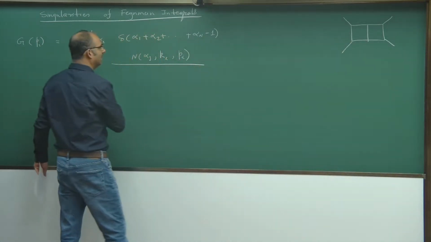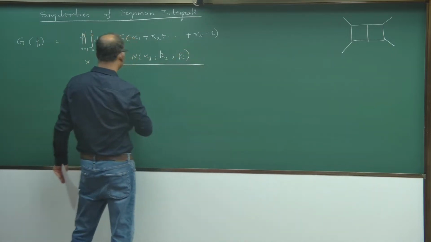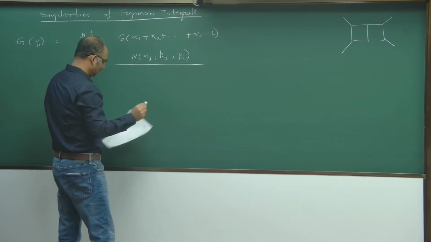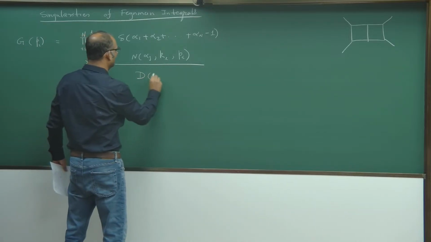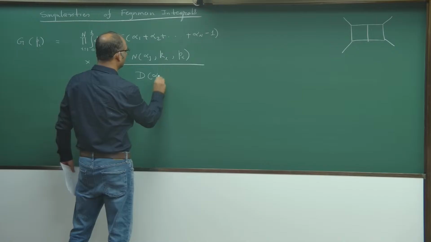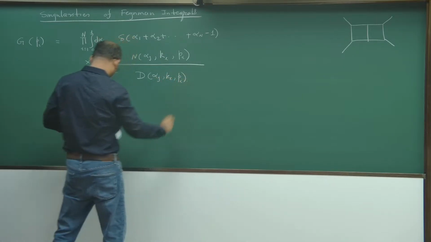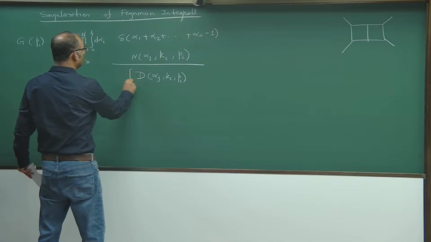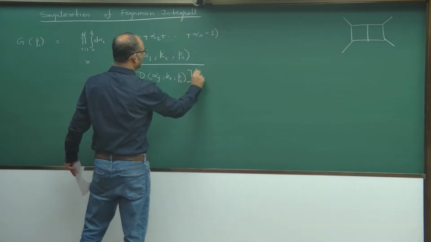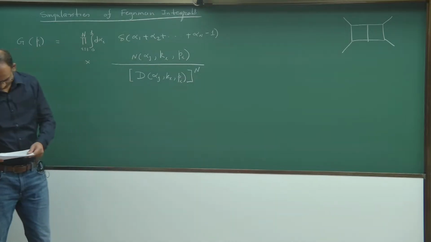And we had combined all the denominators, all the propagators with their alphas, into a big D, which is alpha. You can put whatever you like, doesn't matter. D, raised to the power n. That's because the Feynman parameterization is raised to the power n.